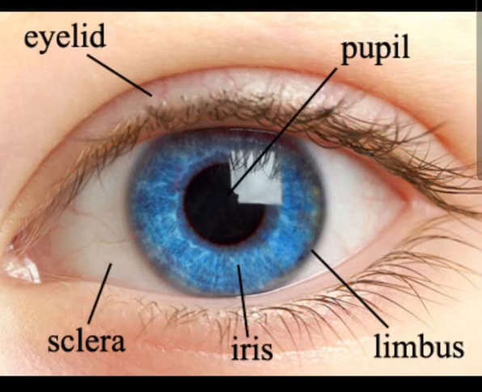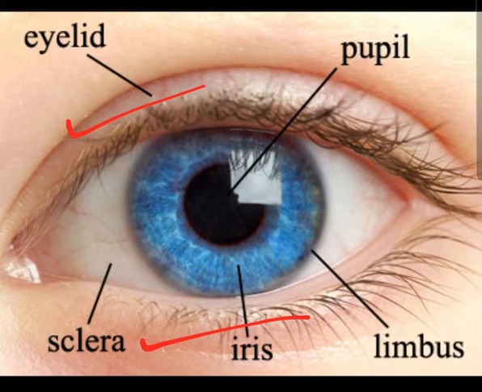So eyes are placed inside the orbits, and after that they are protected from the outer side by 2 membranous lid-like coverings, the upper eyelid and the lower eyelid. This is the upper eyelid and this is the lower eyelid. They protect our eyes from bright light.